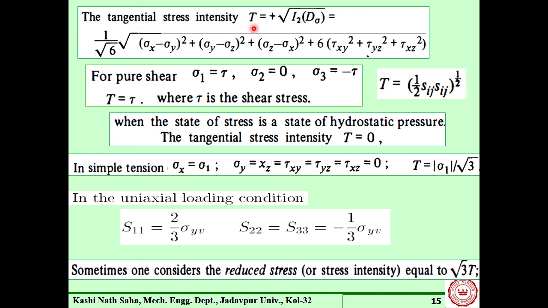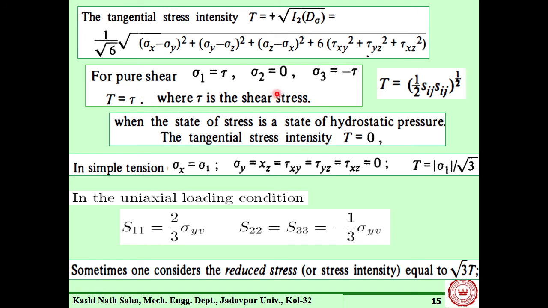That is the question. One thing is here, you see: for pure shear, if this is the case, then this quantity would be equal to tau.